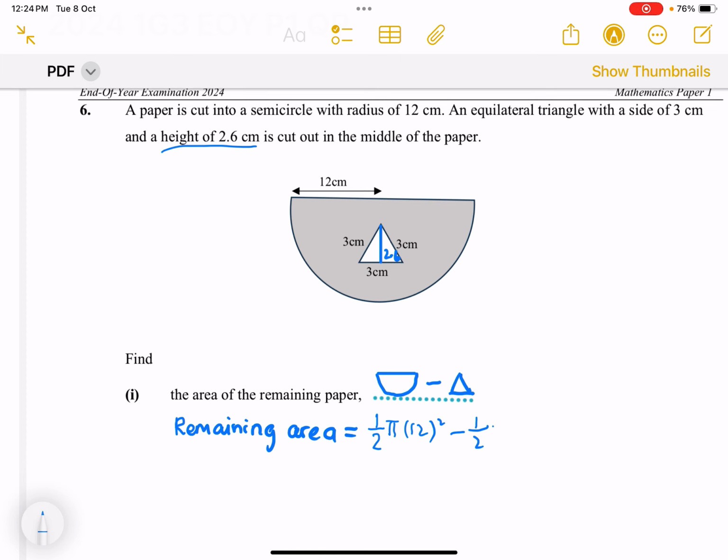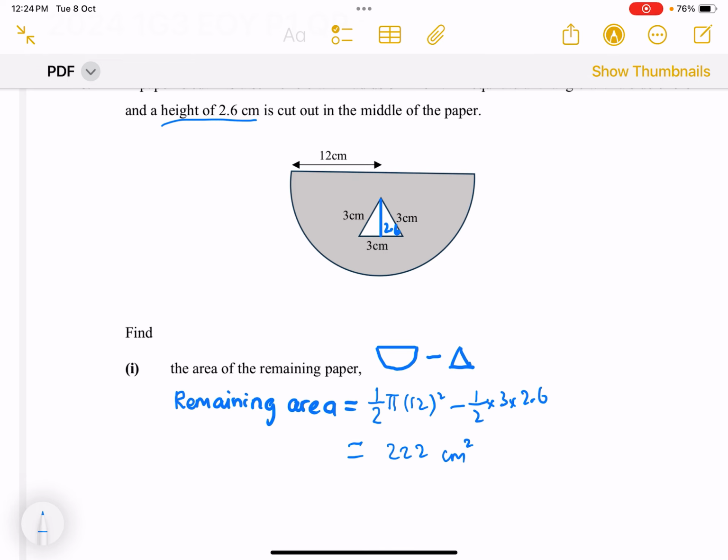So it's half base 3 times 2.6. So this gives us 222 if we round to 3 significant figures. A non-exact answer must be given to 3 significant figures.